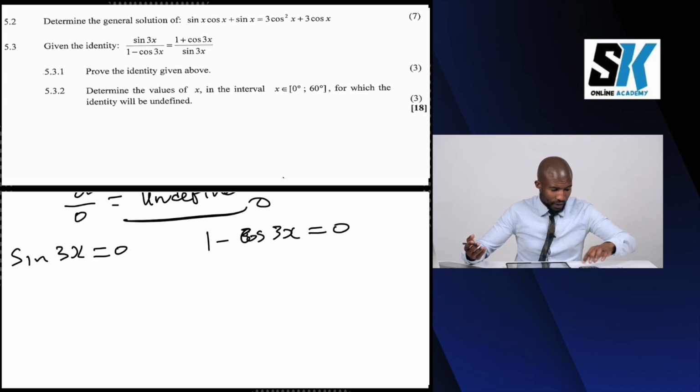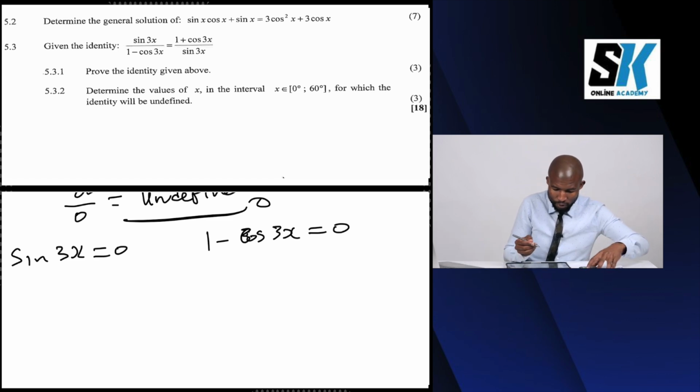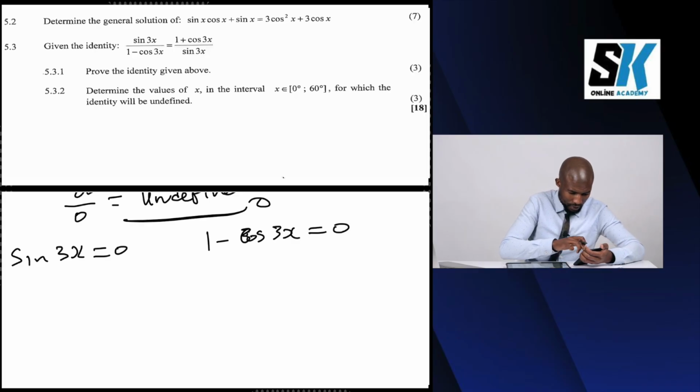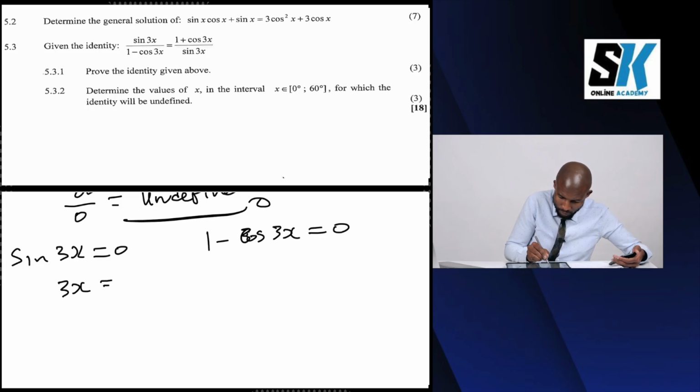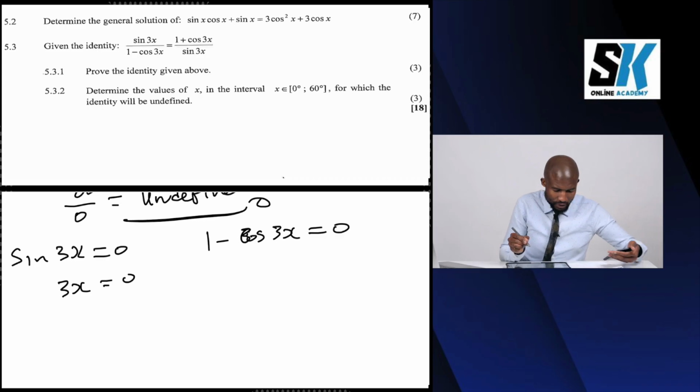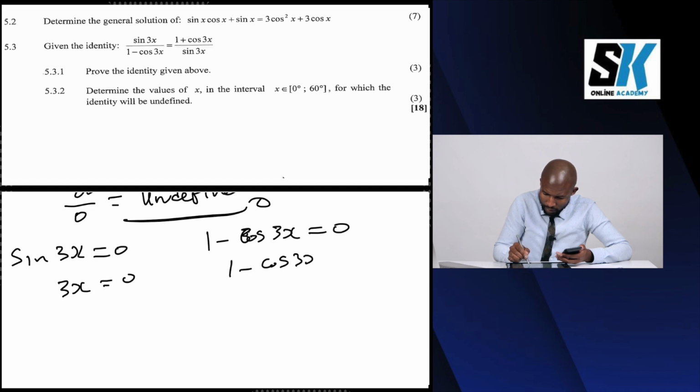So if you solve, if you say shift and sine, you're going to have 3x being equal to 0, and then on this side you're going to have 1 minus cos 3x being equal to 0.